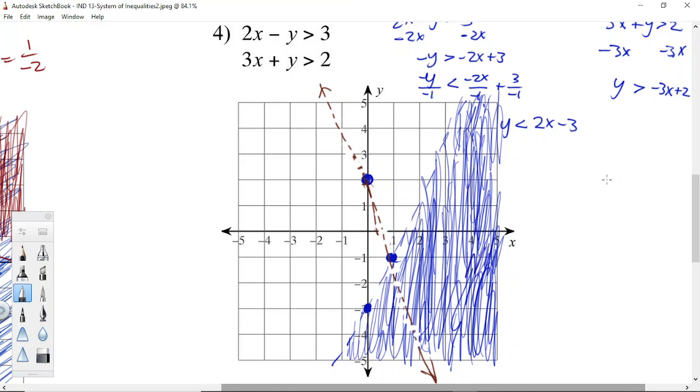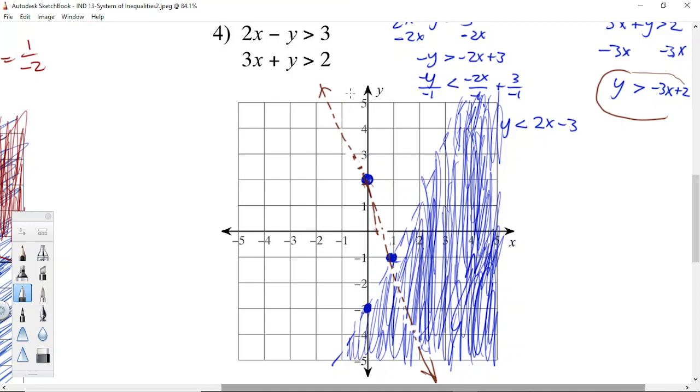Okay, and then switch colors. And this one we are shading above because it's this one here. Look at the last one you did always because you might have had to flip the sign or something. So the last one is the one that's most complete and correct. It says greater than.